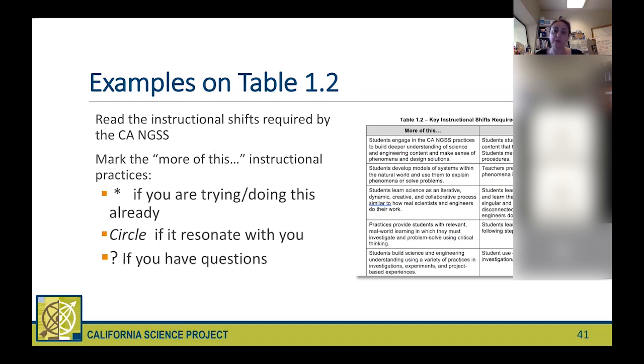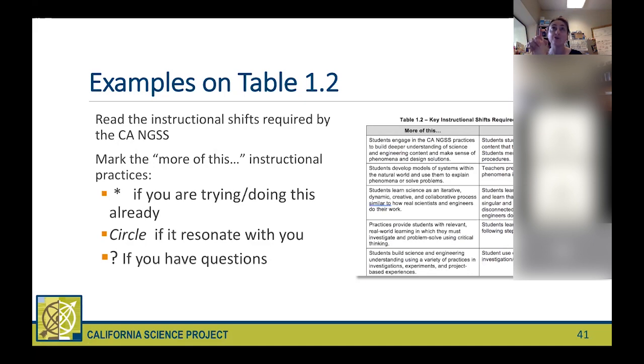This table highlights some of the ideas on how I could change my instruction. And keep in mind that at the top of this table, we are asking for more of this and less of this. We are not saying none of this and all of this. So there needs to be a balance.